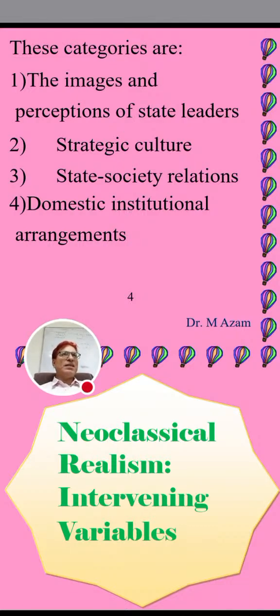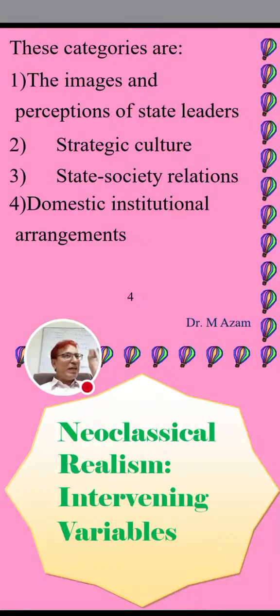For example, Pakistan has a certain image of India. You're getting the point? When we think of India, a certain image comes to our mind. When we think of Saudi Arabia or China, a different image comes to our mind.